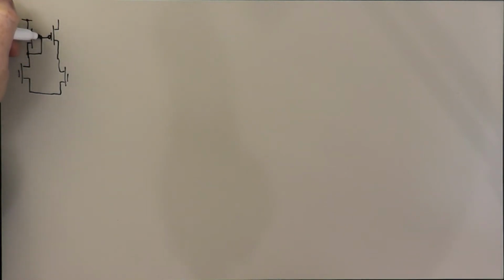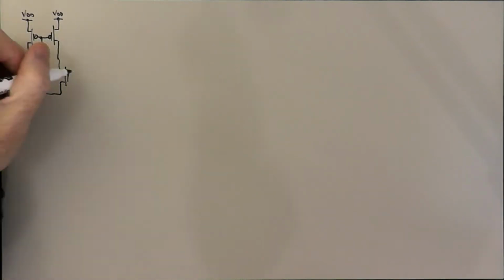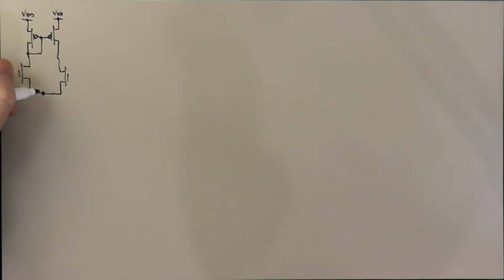And we thought about how this would behave in response to, say, a change in one of the inputs relative to the other one, which would be corresponding to sort of a differential mode change.